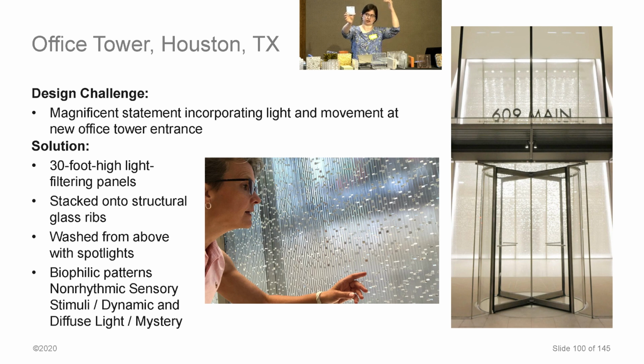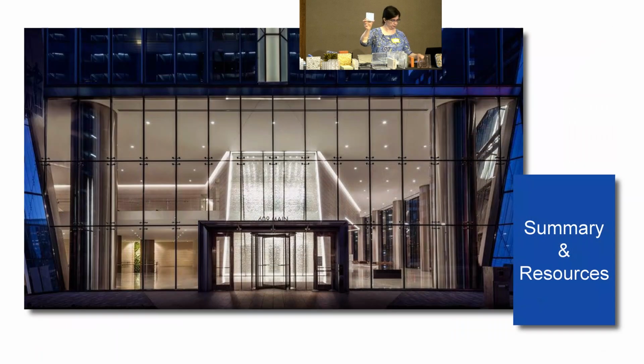It's about 30 feet high, I believe, so multiple panels put together. And it creates that really cool look from the outside, and then as you get closer, you can see a little bit more about how it moves as people come close to it. The idea, again, of dynamic lighting, diffusion of light, mystery, bringing people into the space. And that's it from the outside, so you can see how it kind of creates that statement.